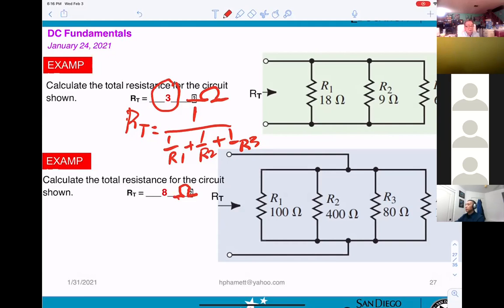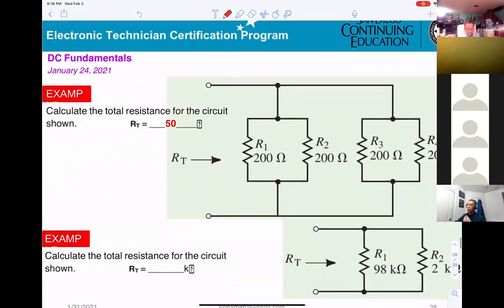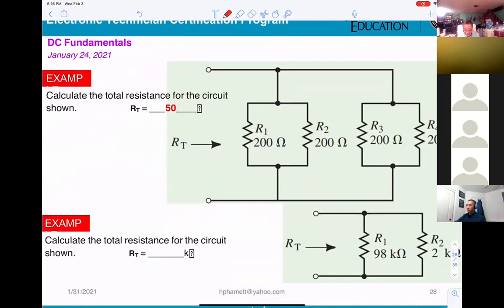Okay, so otherwise we have 3 ohm and we get 8 ohm. If you cannot finish that, copy the answer. Okay, do it when you get time. Now quickly get through that one for me. One, I gave you 50.